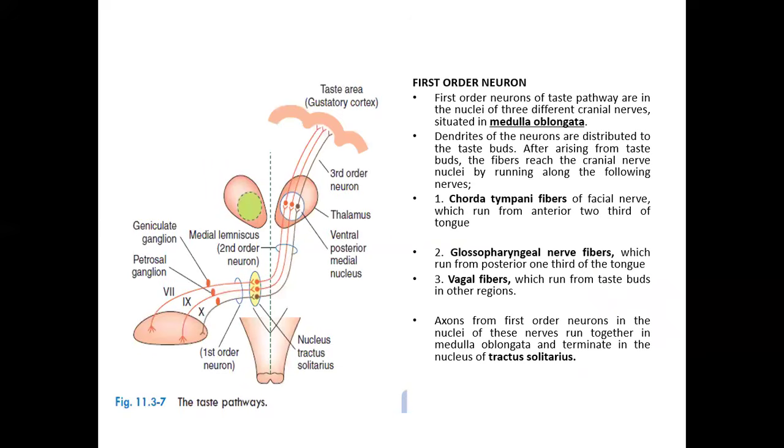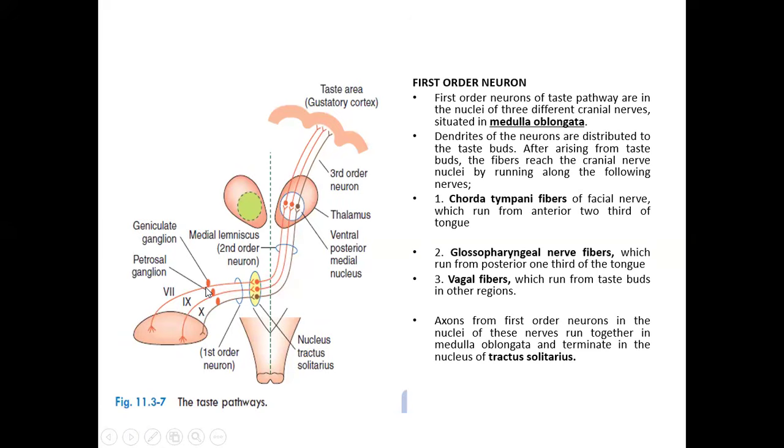This diagram shows the pathway in which these messages move from the tongue up to the centers of the brain, which are able to detect the changes. Let me just go on the diagram. Here you'll find the first order neurons. They are the ones able to pick up the sensation from the taste buds.